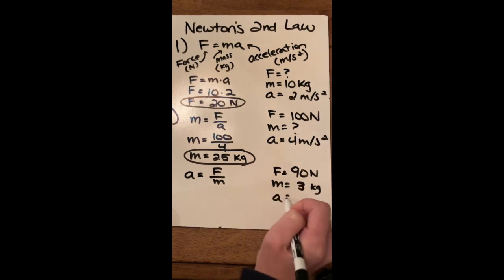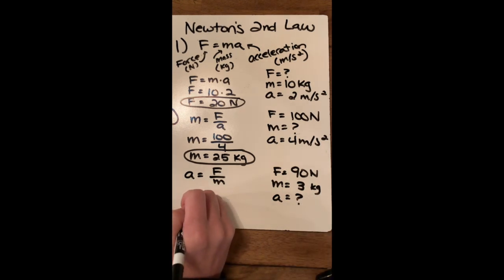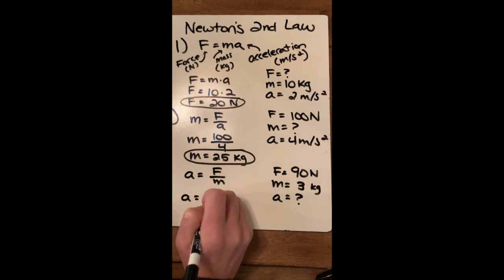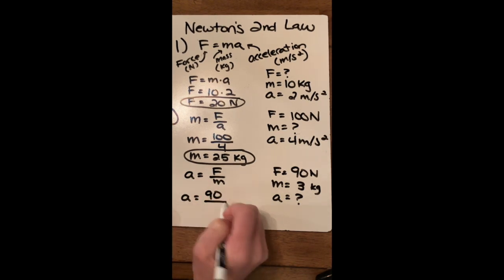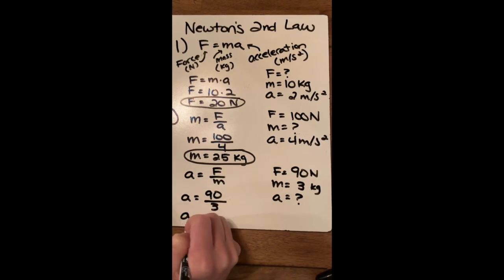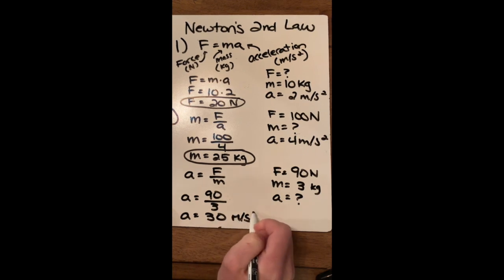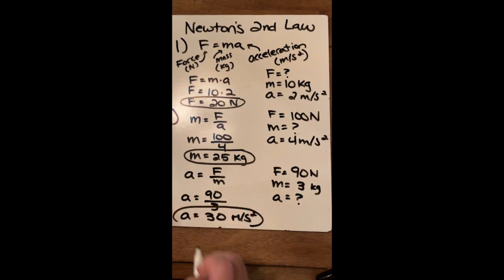And I'm trying to solve what is the acceleration. So I don't know the acceleration, so I just write A. But the force I know is 90 divided by, the mass is 3. That tells me that the acceleration is 30 meters per second squared. So make sure you have this in your notes because this will help you on the practice problems and will help you in your homework.